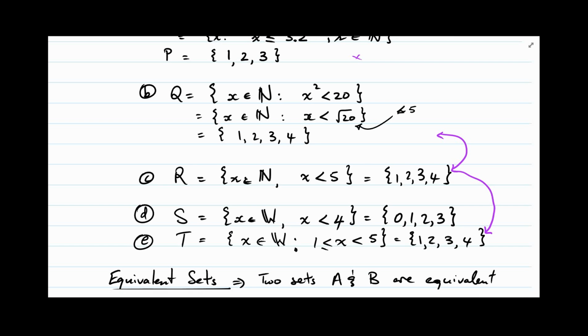But R, Q, and T are only equivalent to set S. Right? So S, going back here, S is equivalent to Q, which is equivalent to, well, I guess Q was actually equal to R, and R is equal to T.